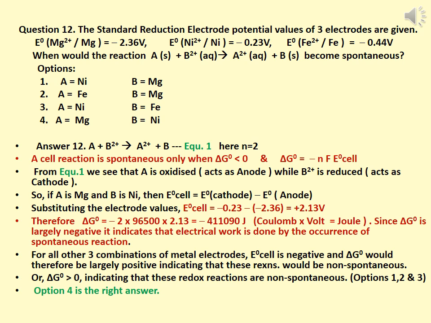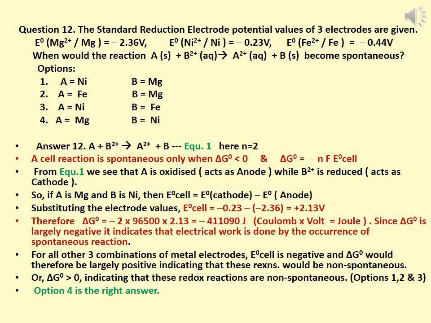So our correct option would be option 4, where A is magnesium metal and B ions are nickel ions. For all the other combinations of metals, that is, if A is nickel and B is magnesium, if A is iron and B is magnesium, if A is nickel and B is iron, for all these combinations we will get E naught cell to be negative.